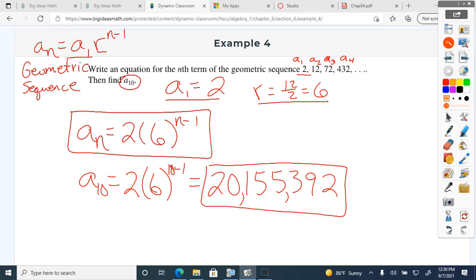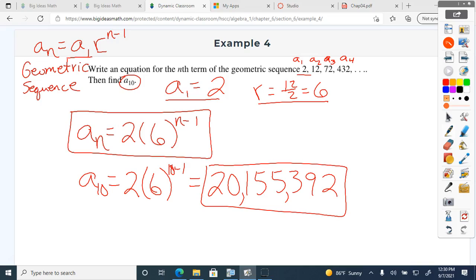Now, let's say you're on the ACT, and it's been a while since you've had this class, or it's been a month and you've already forgotten. And you can't remember this. Can you still figure out the 10th term? Yes, it's just going to take you longer. And remember, the ACT is timed, so they want you to do it as fast as you can.